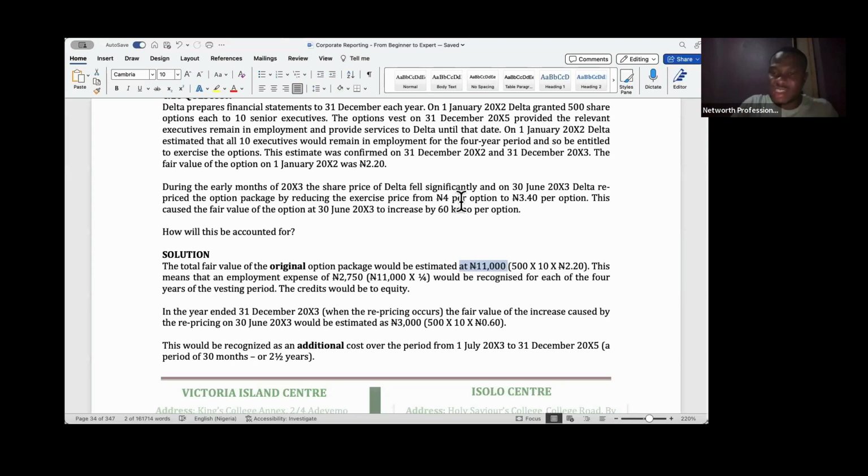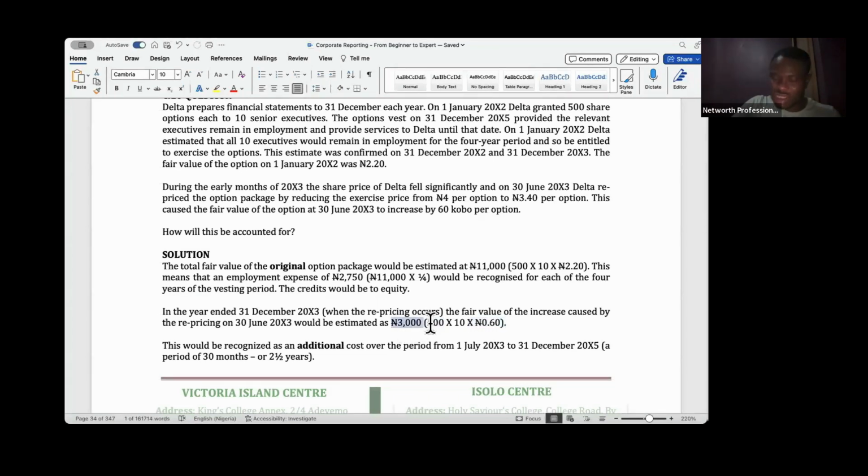But this repricing, this 60 kobo increase in fair value, happened on 30th of June 2003. So whatever value the increase gives rise to, which is the 10 employees times 500 multiplied by the increase, gives me 3,000.